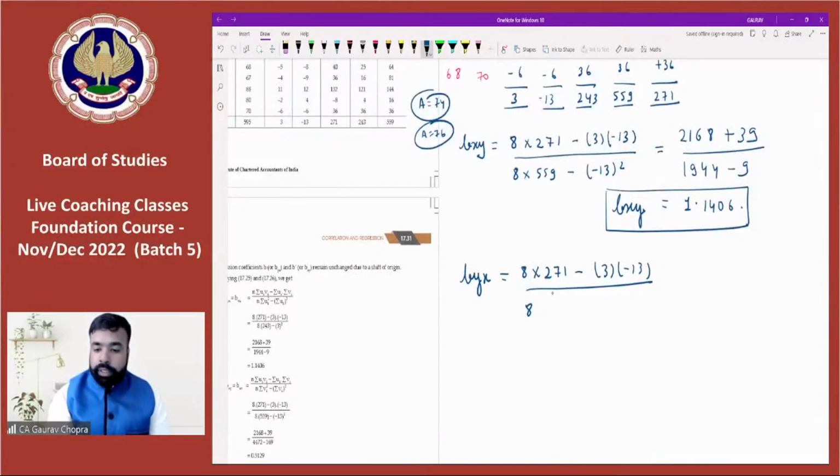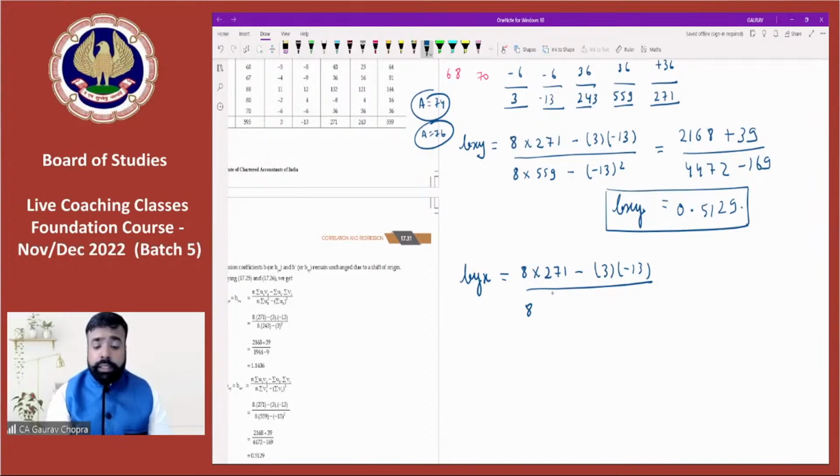In the previous one, we had written different values. Let us correct that: it was 4472 minus 169, and the final result was 0.5129.